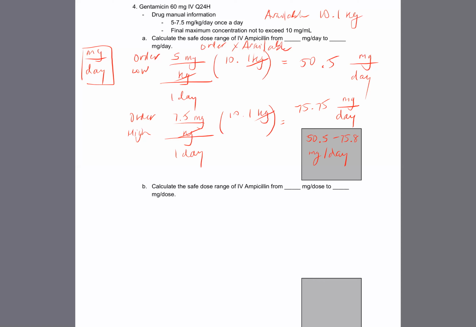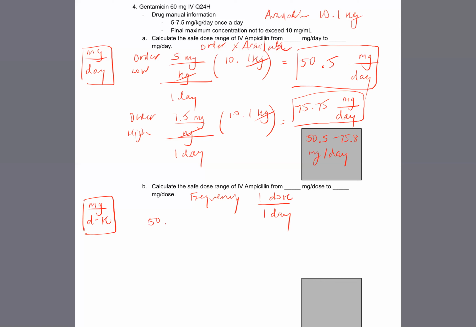Part B is asking for the safe dose range of IV ampicillin from blank milligrams per dose to blank milligrams per dose. So the final units we're looking for are milligrams per dose, and we're taking into account our frequency, which is 1 dose per 1 day. So bringing over these answers, we have 50.5 milligrams per day, and 75.75 milligrams per day. You want day on the numerator, dose in the denominator. Days will cancel, same as the 75.75.